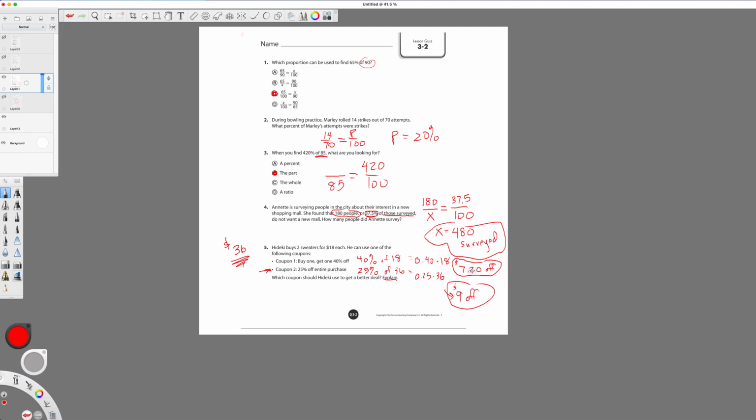You get $1.80 more off the price. Now, since we know how much was taken off and we know that this is the regular price, you could go an extra step and actually figure out how much each one's going to cost. But I don't know that that's necessary to be able to figure out which one's the better deal. The one that saves you the most money is the better deal. So let's move on to quiz 3.3.